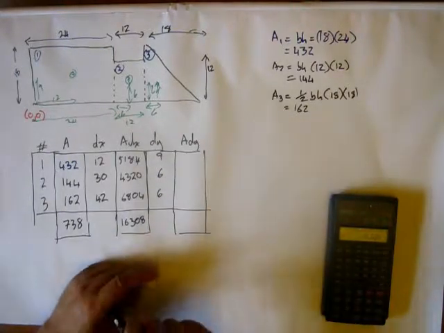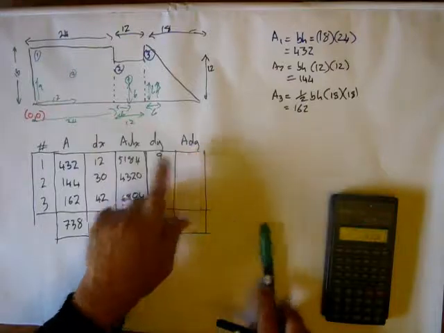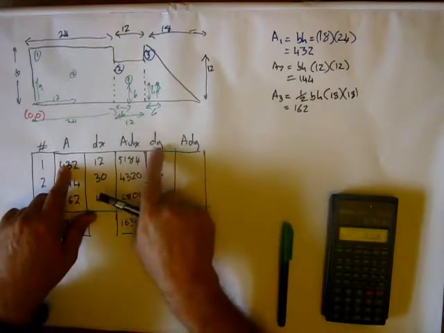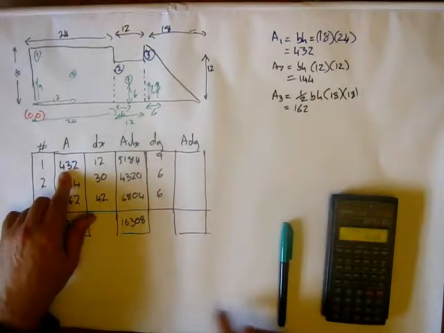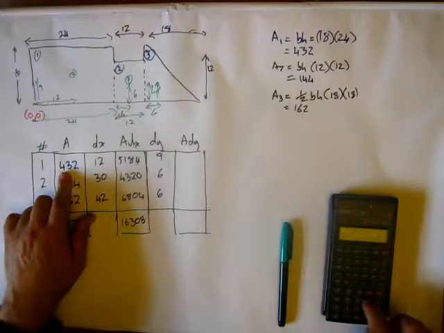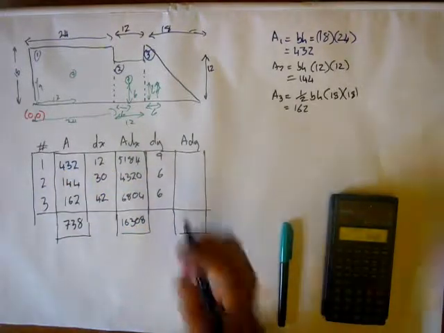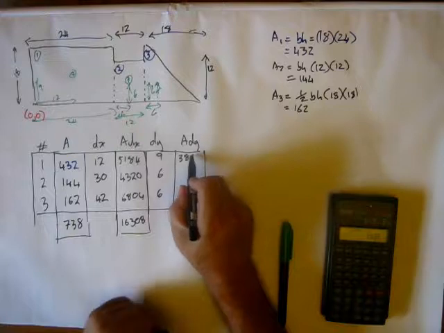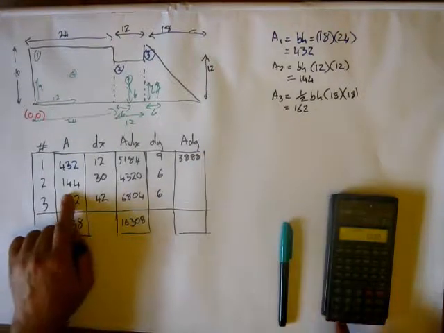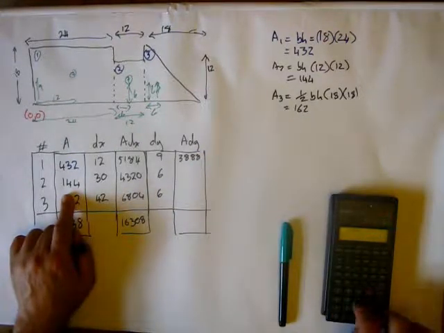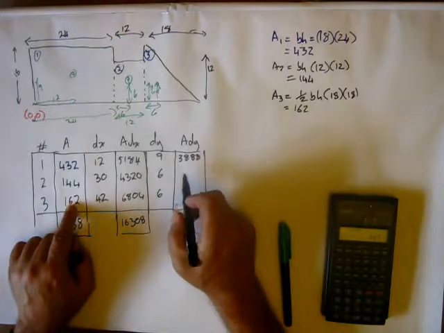And then we get the area, A dy, so we're going to multiply A by the distance in the Y dimension. So 432 times 9 equals 3888. 144 times 6 equals 864.